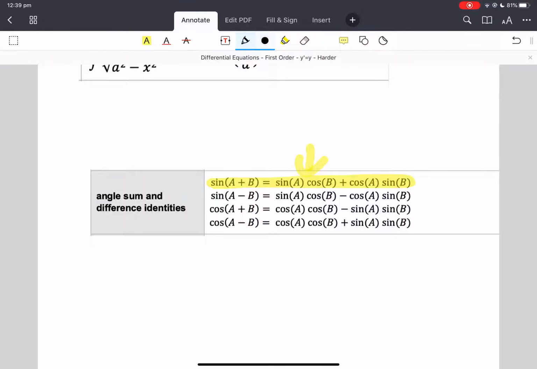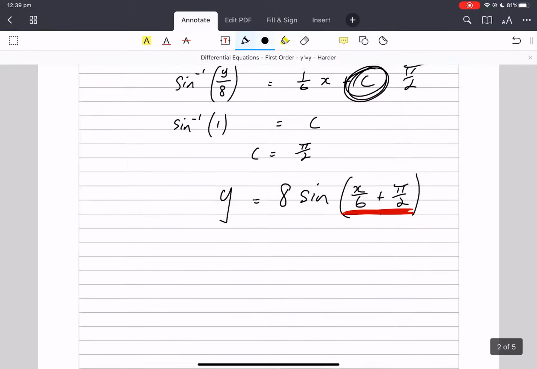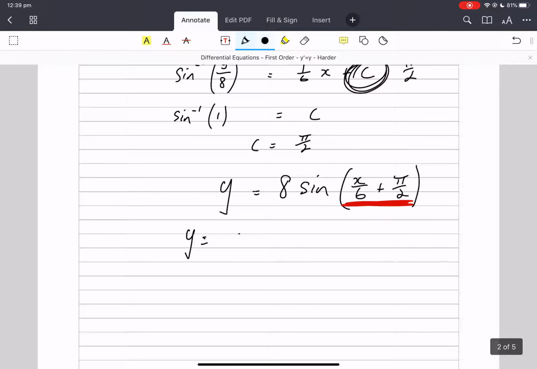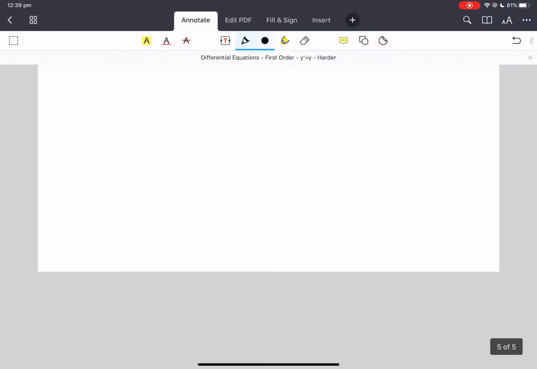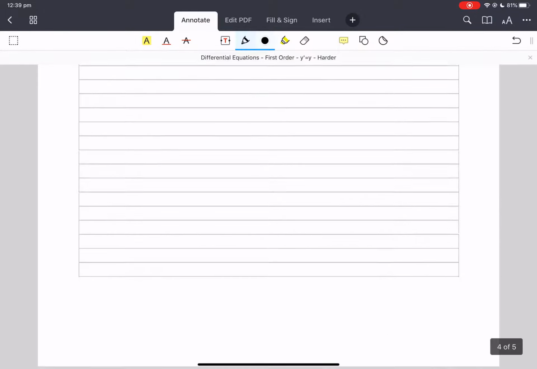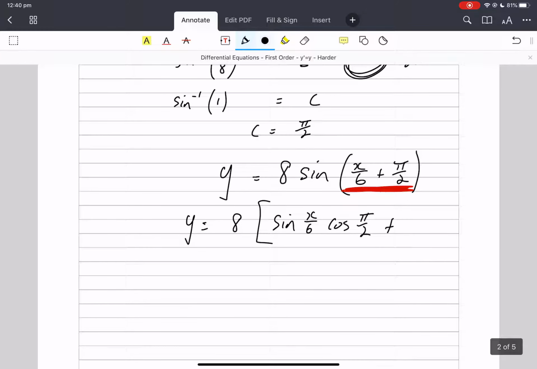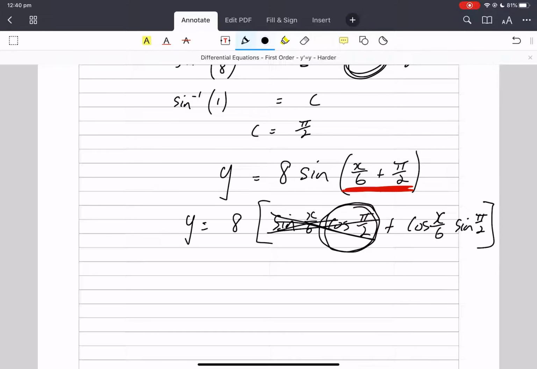So sine A cos B plus cos A sine B. Okay, what's cos pi on 2? 0, so that goes.